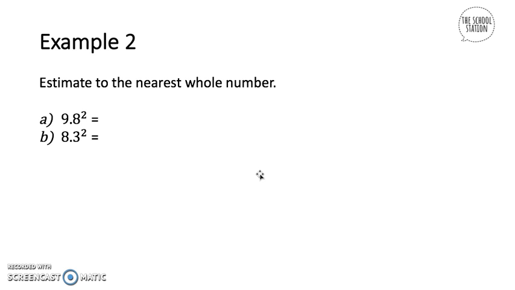So part A is 9.8 squared, and part B is 8.3 squared. What we want to do is, again, pause this video and try these questions out, because we should know that we follow the same process as last time. So pause this video and try to answer this question, and then go on and see the answer.